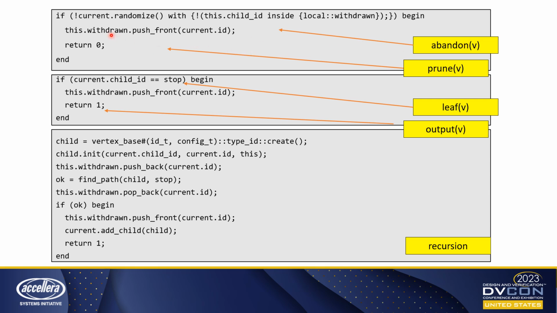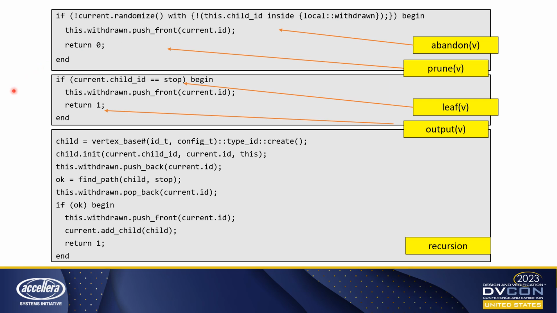We do that by adding it to a data structure, a withdrawn queue, which keeps track of all the vertices that should not be considered in further calls for the find function, and we return 0. Note that the call to randomize has the inline constraint that the randomized child should not be within any member of the withdrawn queue.